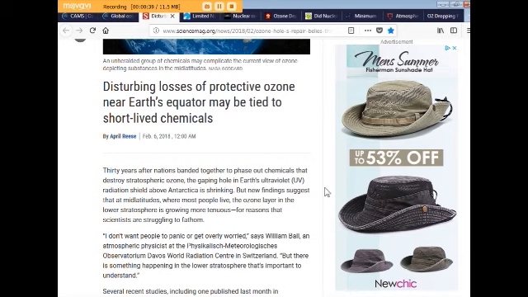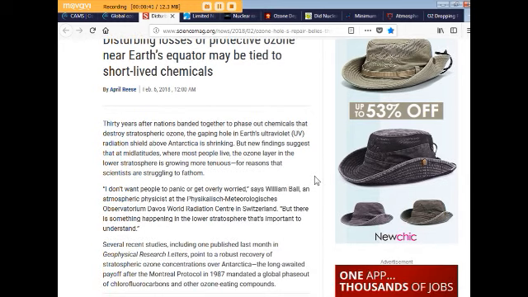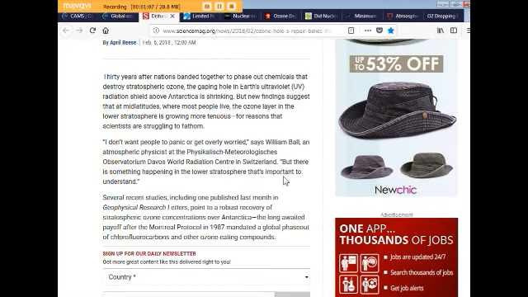It says 30 years after nations banded together to phase out chemicals that destroy atmospheric ozone, the gaping hole in Earth's ultraviolet radiation shield above Antarctica is shrinking. But new findings suggest that at mid-latitudes where most people live, the ozone layer in the lower stratosphere is growing more tenuous for reasons that scientists are struggling to fathom.